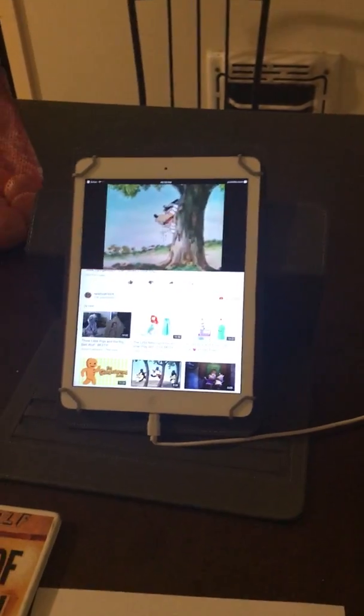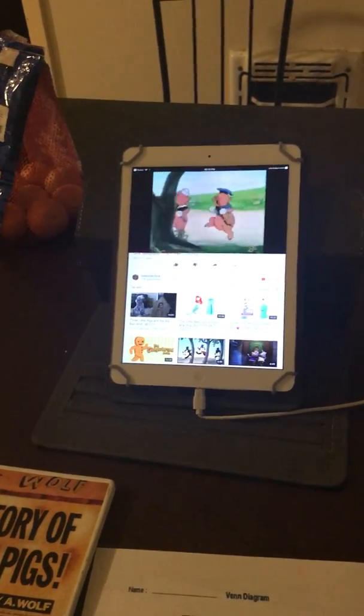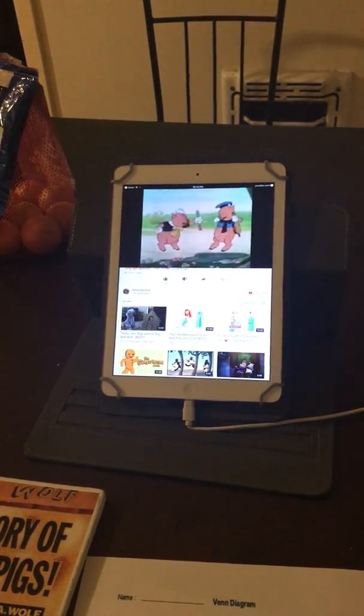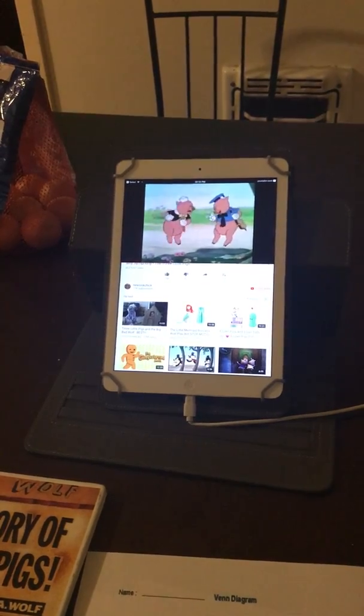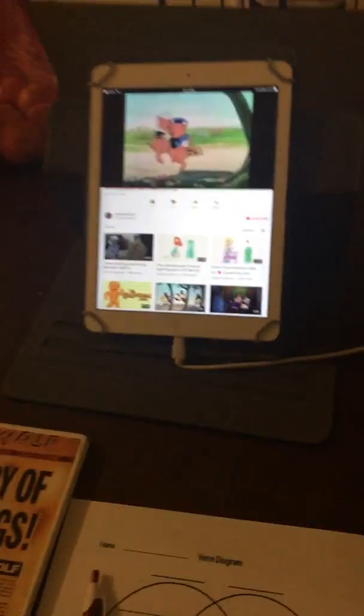And there goes the big bad wolf. I think actually showing them a video of the original version will probably keep them more attentive than me sitting there reading the story.